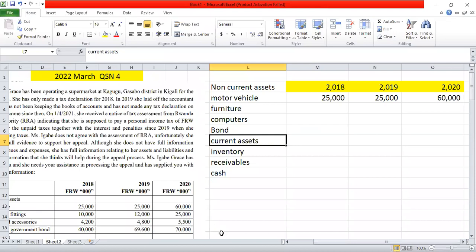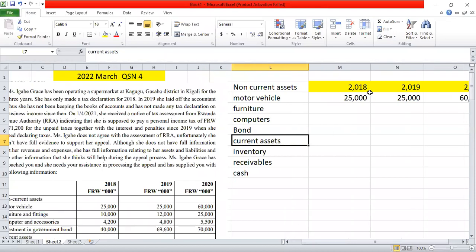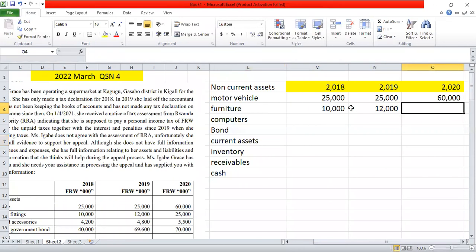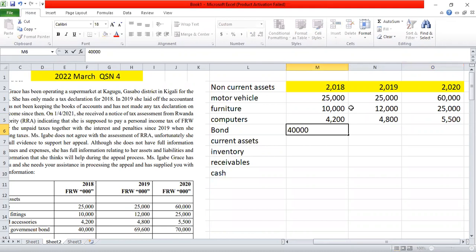Furniture: it is 10, 12, 25. Computers: 400, 4800, 55. A government bond: 40, 69, 70.